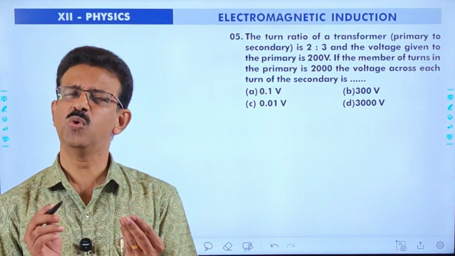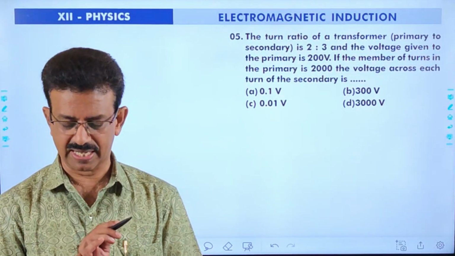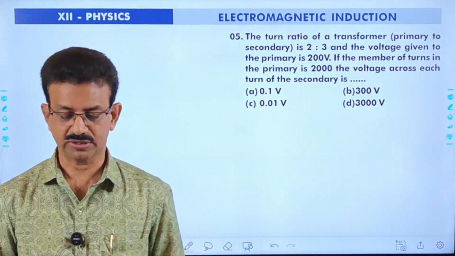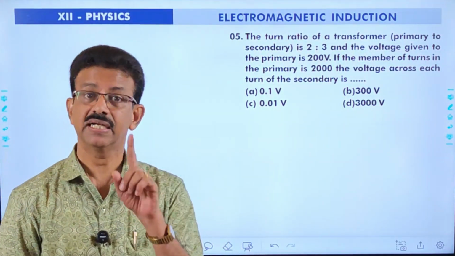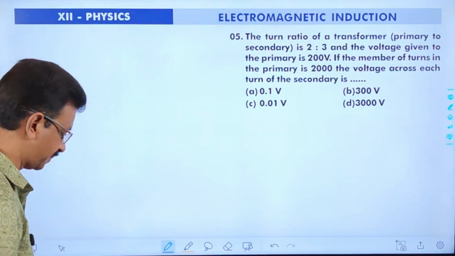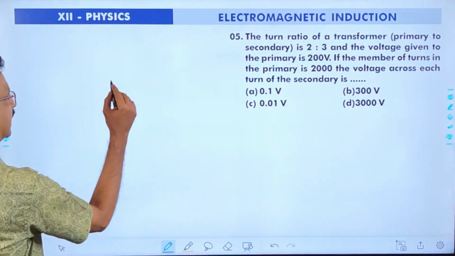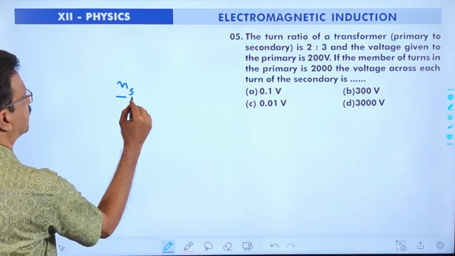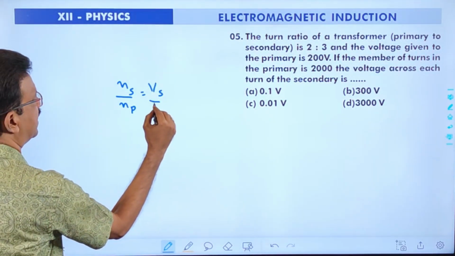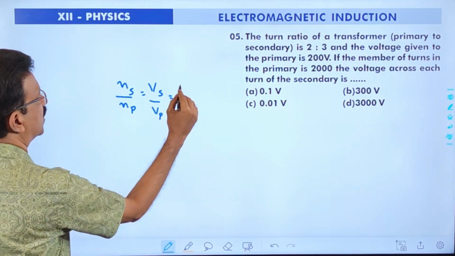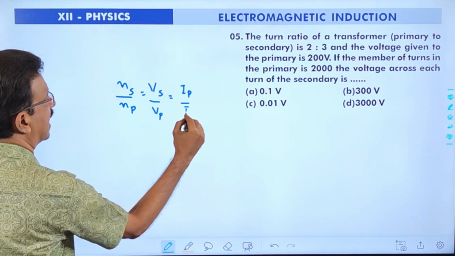Next question is a small direct problem about the transformer. In the given question, turns ratio primary to secondary is 2:3. Transformer equation is, I have already mentioned in the previous question, Ns by Np equal to Vs by Vp equal to Ip by Is.